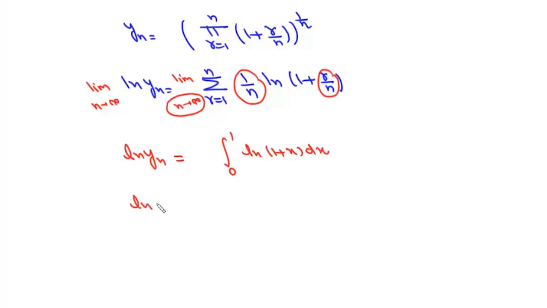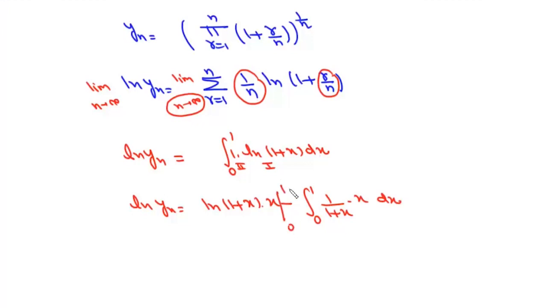So log yn is the integral of 1 into log(1 + x), and we'll use integration by parts. So this is log(1 + x) into x minus the integral from 0 to 1 of x upon (1 + x) dx. Now we'll put the limits from 0 to 1, and here we'll add 1 and subtract 1.